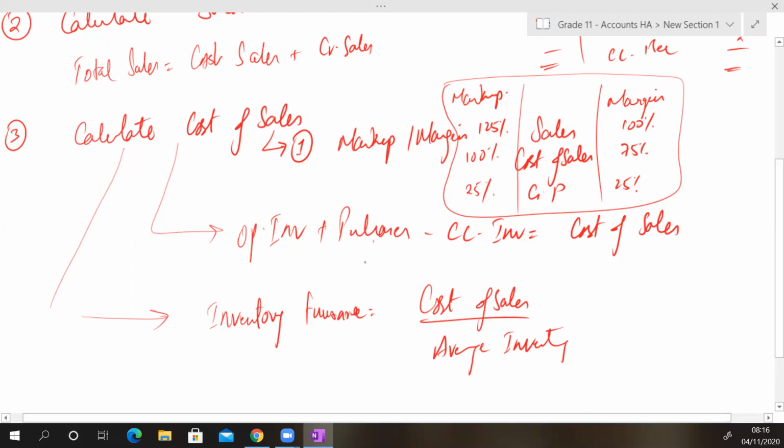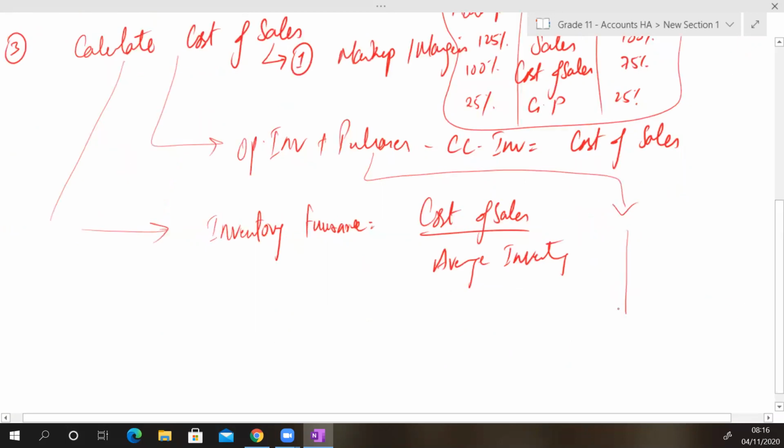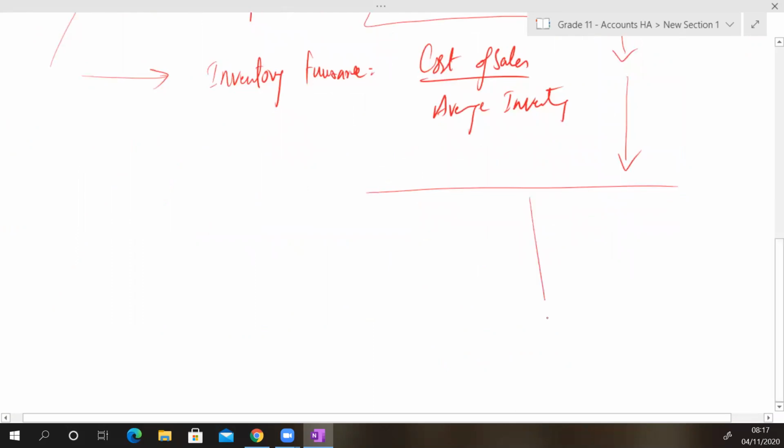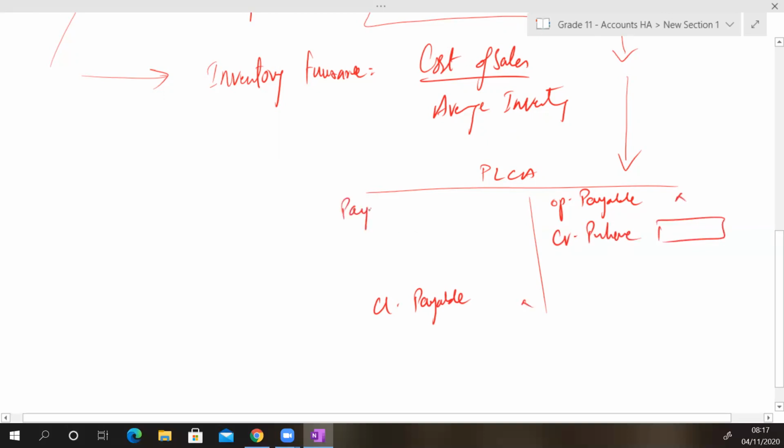Okay. If we talk about purchases, you will calculate purchases using the purchase ledger control account: opening payable, closing payable, credit purchase. This is what you have to calculate. Payment to supplier, discount received, purchase return.